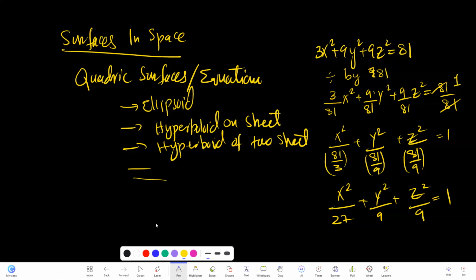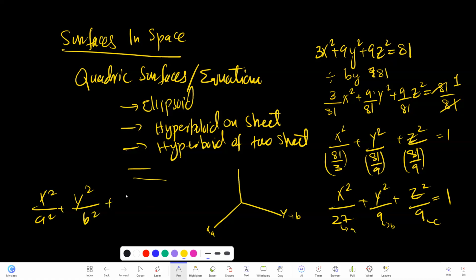Now I know that this is an ellipsoid equation, so I'm going to draw an ellipsoid, and I say, you know what, in x I'm going to go a. This is my x, so I'm going to go a in this direction. This is my y, I'm going to go b in this direction. This is my a component, this is my b component, this is my c component. If I compare with this equation, I compare this a squared, b squared.